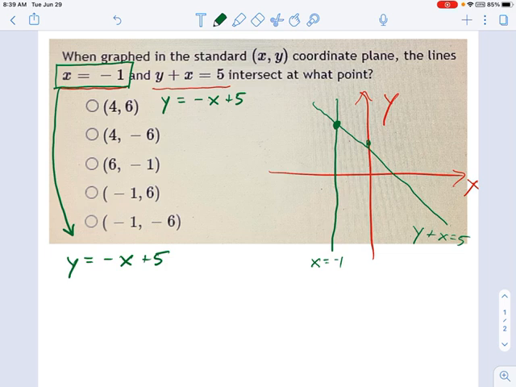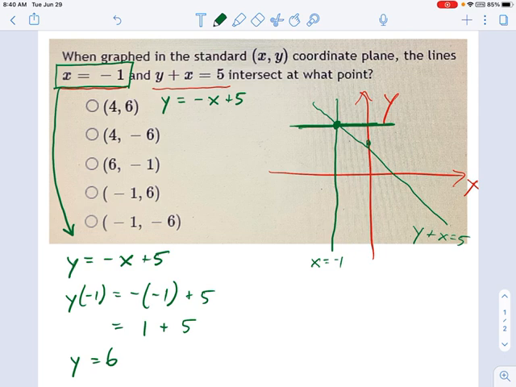What I'm doing is asking for the location in y of this dot right here. I'm saying what is the y value of that line? So y of x equals -1 equals negative, here's where I put the -1, plus 5, which turns into +1 plus 5, which means the y value is 6.